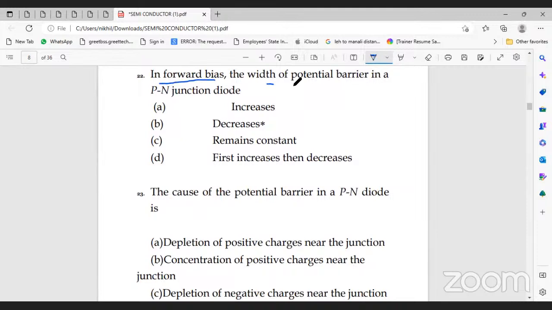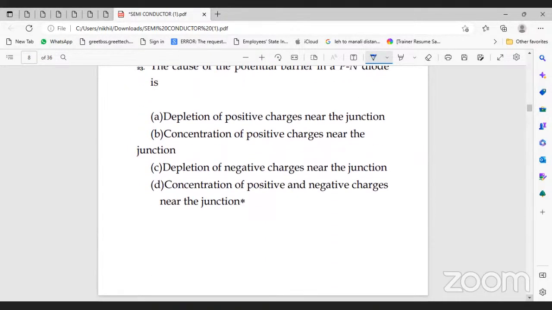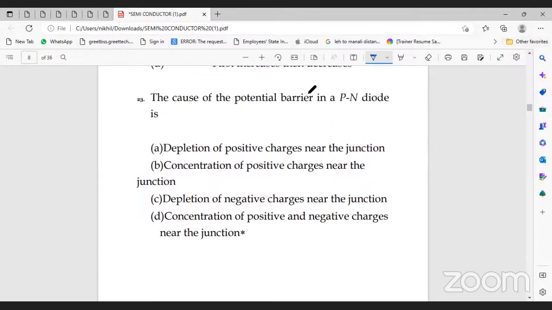In forward bias, what happens to the width of the depletion region? It decreases. The width of the depletion region decreases in the case of forward bias. The potential barrier in the PN junction is because of the concentration of positive and negative charge carriers near the junction.